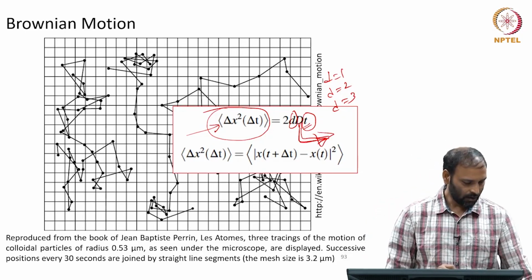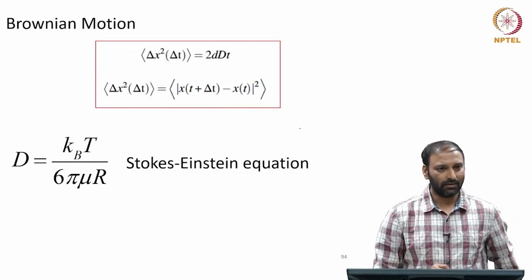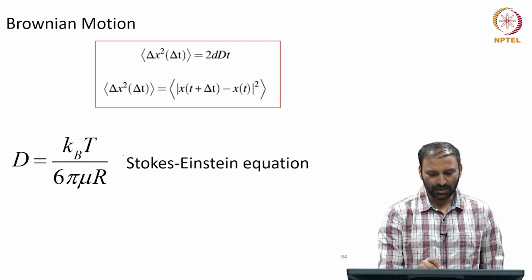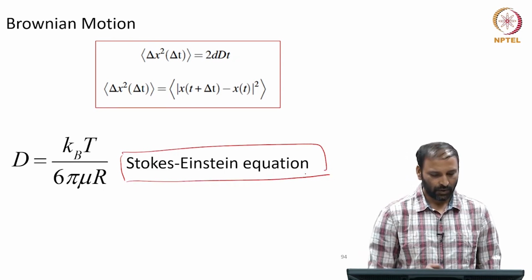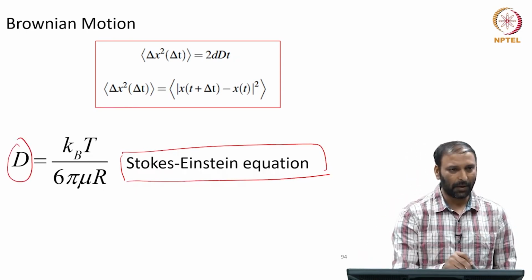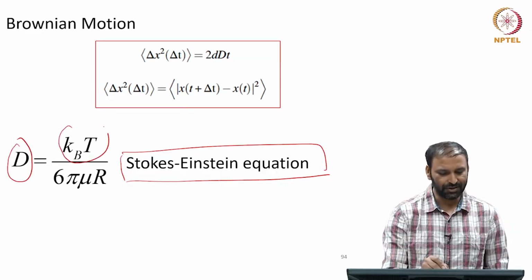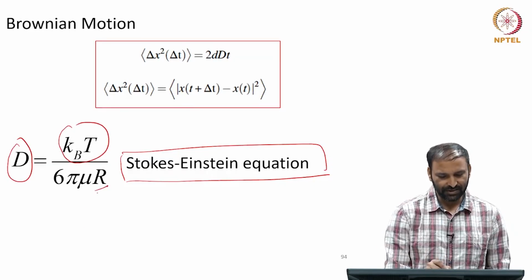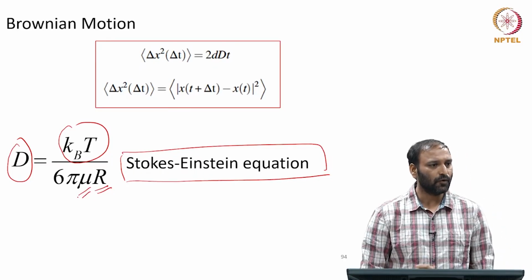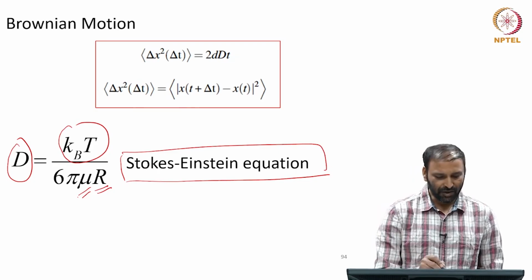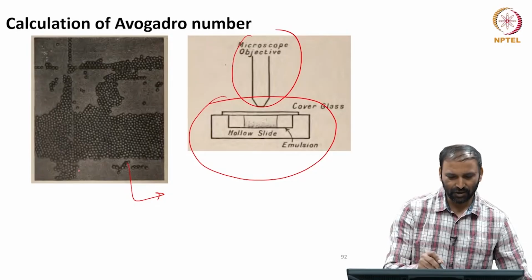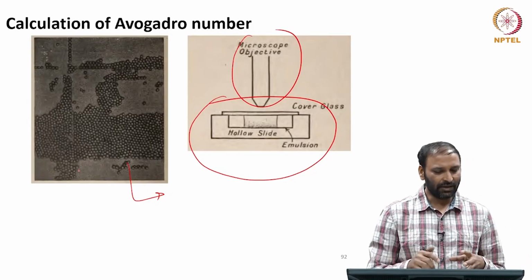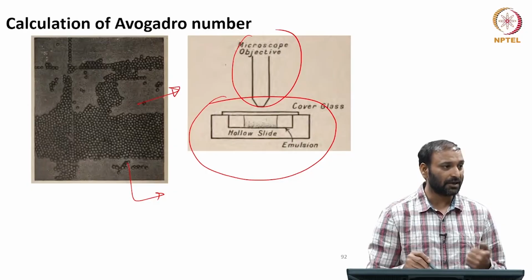Now once you do that, he used something called the Stokes-Einstein equation, which relates the diffusivity of the particles to the thermal energy, the radius of the particle, and mu, which is the viscosity of the fluid in which the particles are embedded. He knew R, because he had microscopy observations of his particles themselves.